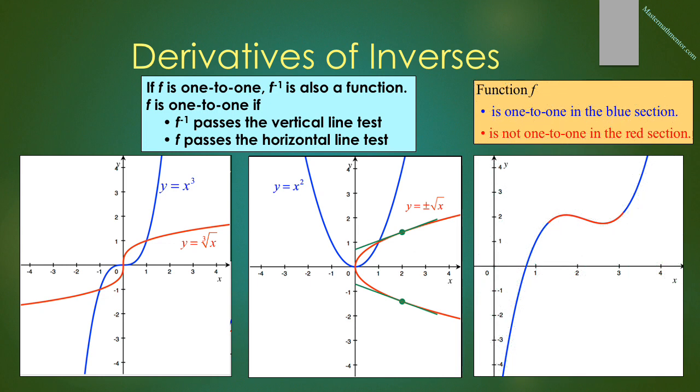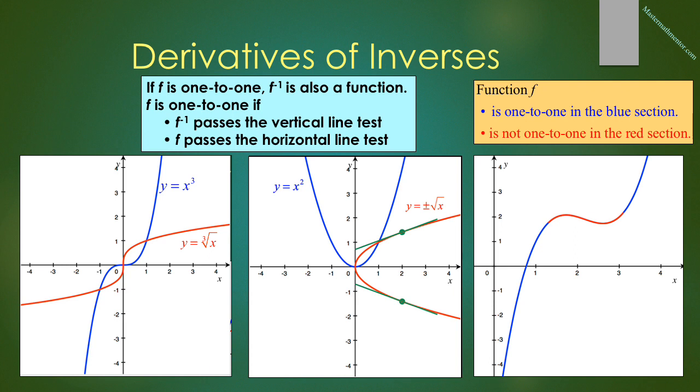Sometimes it's not so obvious. For instance, in function f, you will find that it is one-to-one in the blue section, as it passes the horizontal test in that section. No matter where you draw a horizontal line, it will only intersect the curve at one point. However, it is not one-to-one in the red section.